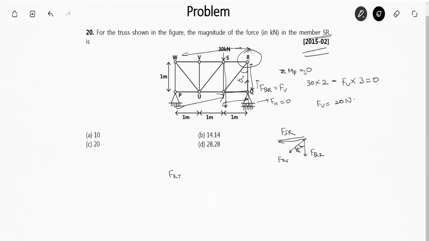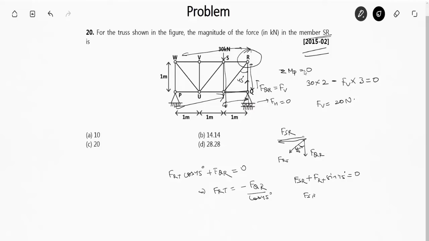You can write directly, F of RT cos of 45 degree plus F of QR is equals to 0. So basically F of RT can be written as minus of F of QR upon cos of 45. Similarly for x direction, because I have written it for y direction, for x direction we can write F of SR plus F of RT sine of 45 is equals to 0.